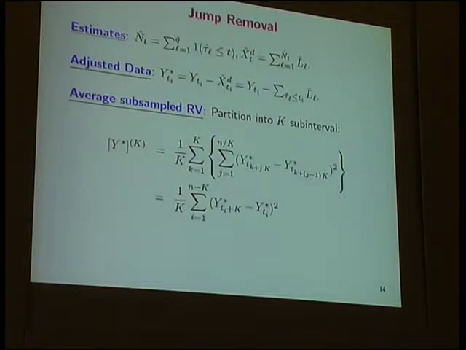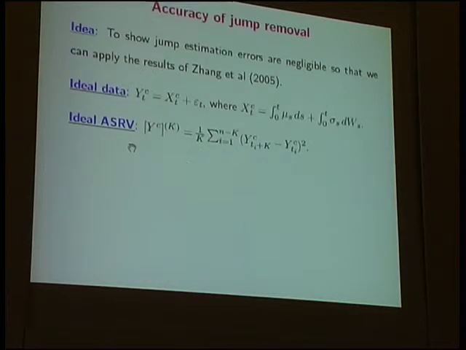Partition the interval into k sub-intervals. We subsample every k data points. I compute my adjusted realized volatility at this frequency. That is, every k points I compute one. Now I have k starting points, so I just average all those k starting points. So this average subsampling is computable.